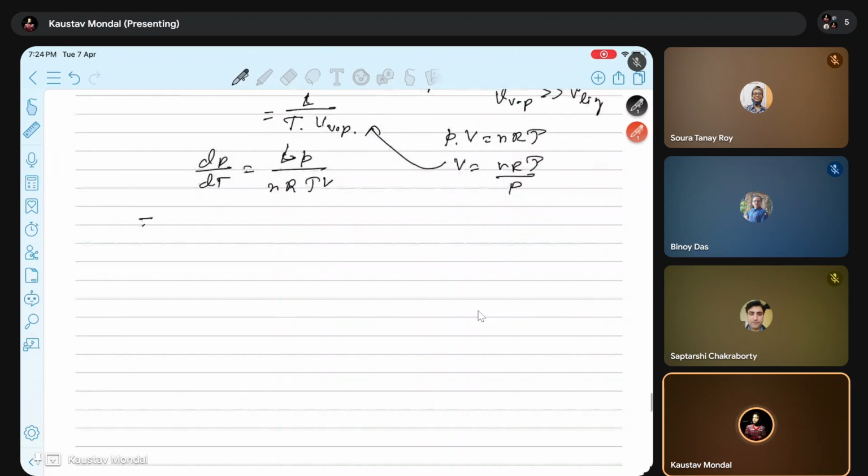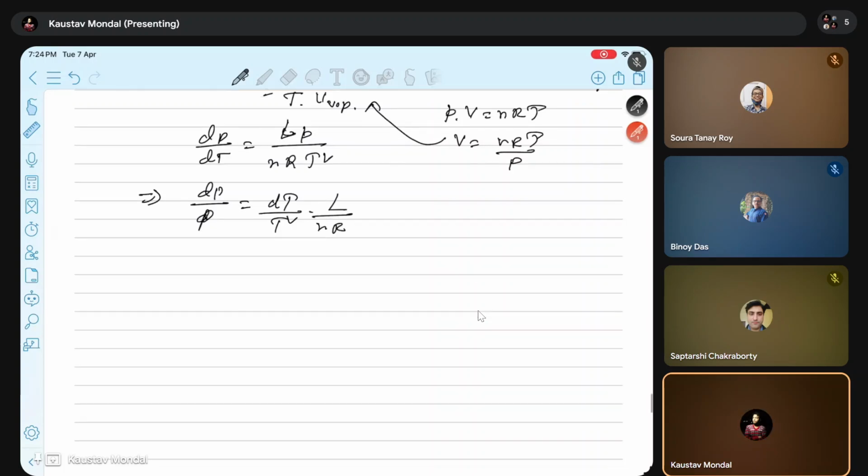Now if you arrange all the variables, dP by P equals dT by T square into L by nR. So the relation will become ln P equals minus L by nRT plus some constant B.